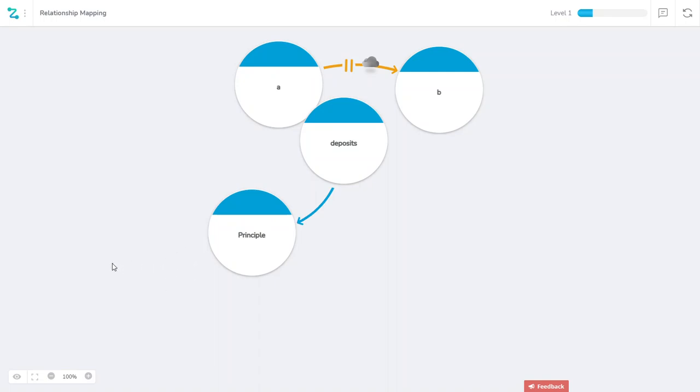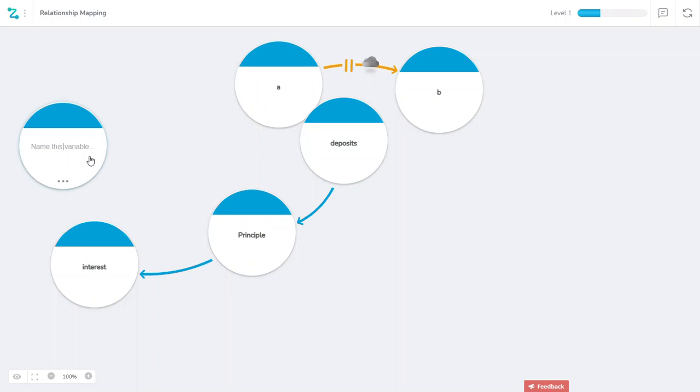Well, it grows over time because periodically there is something called interest, which is created, but the interest is a function of principal and interest rate.